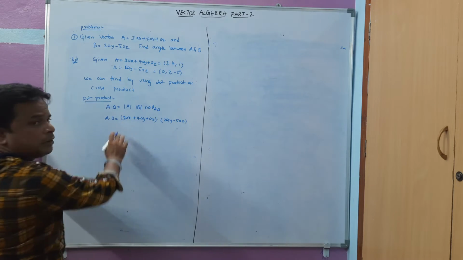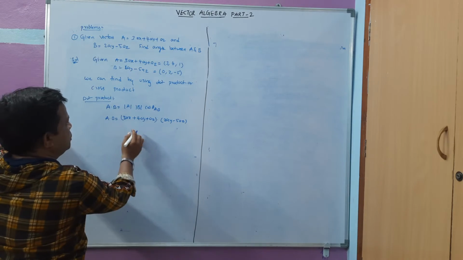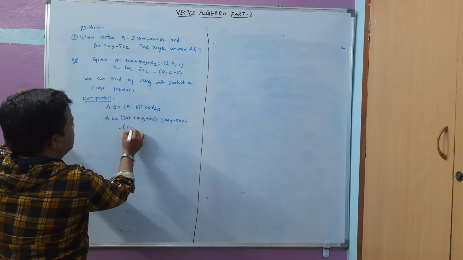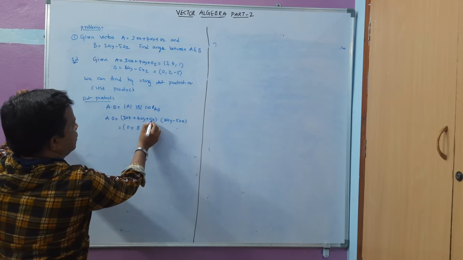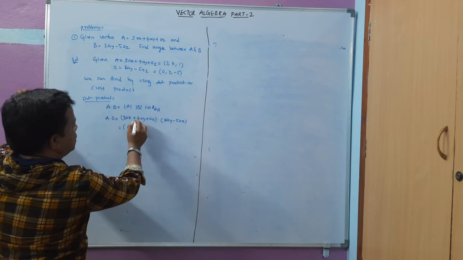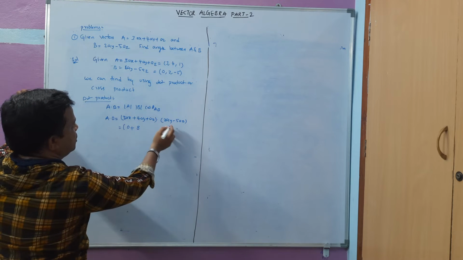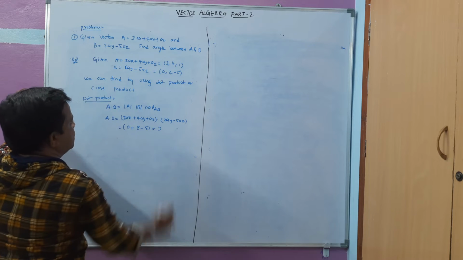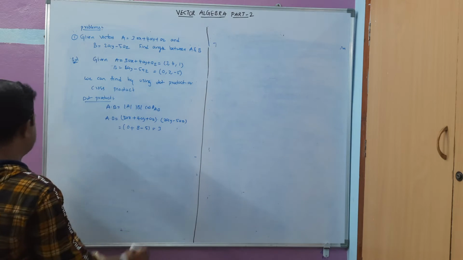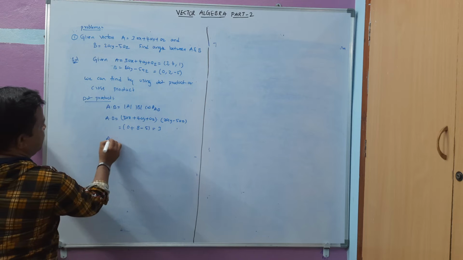Here we don't have an x term, that is x is 0, so we get 0 there, plus 4 times 2 is 8, and az dot az is 1, so minus 5. It is 3, so A dot B is 3 here.